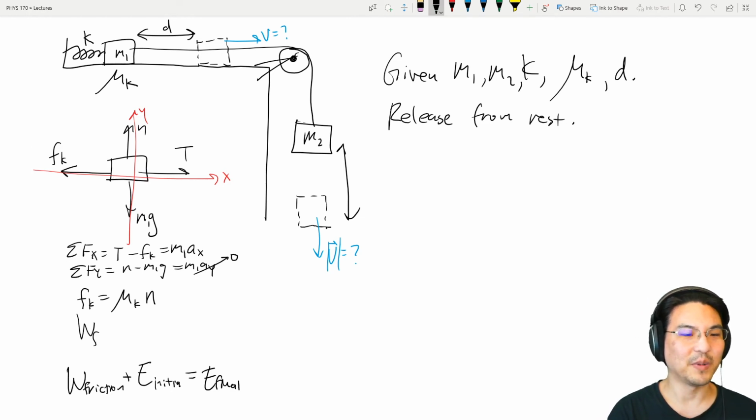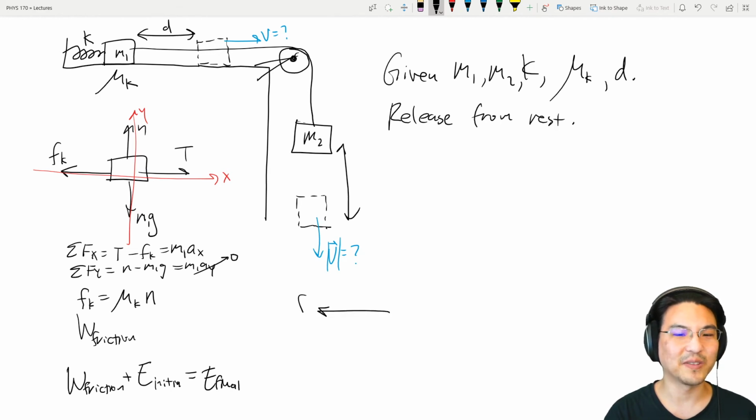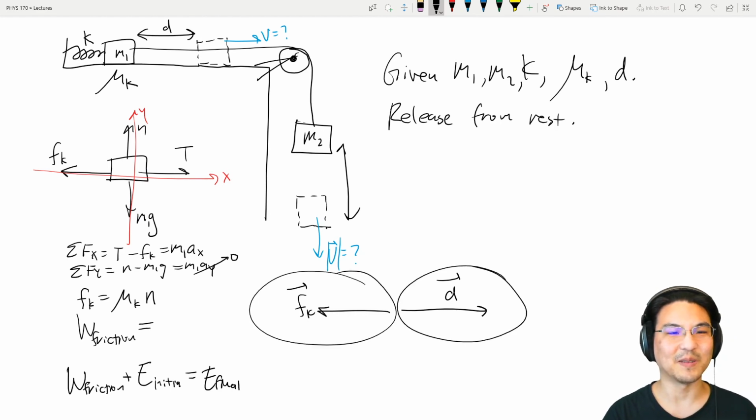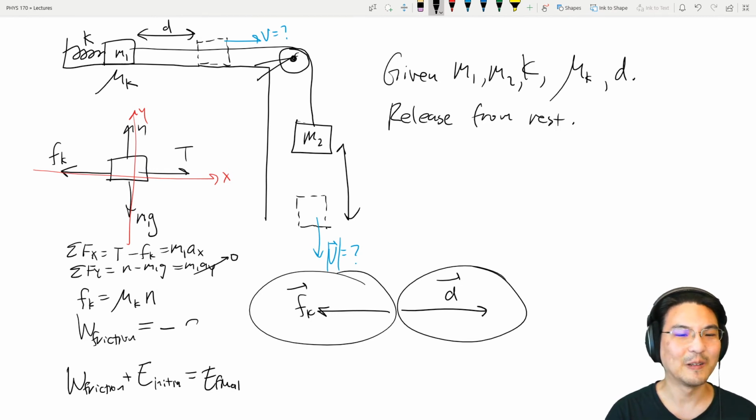Work by friction, it will be this friction force vector dot this displacement vector, and they're just opposite direction. So if you take the dot product, it's like this magnitude times cosine of 180, so that's just minus this times this, and then that's it.